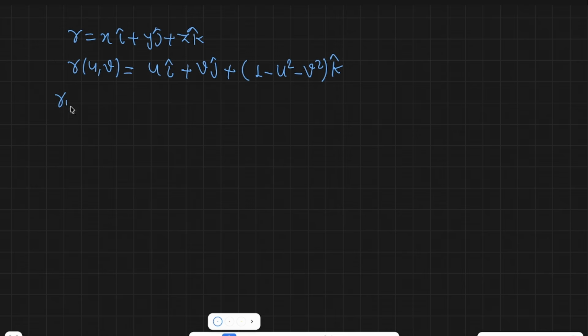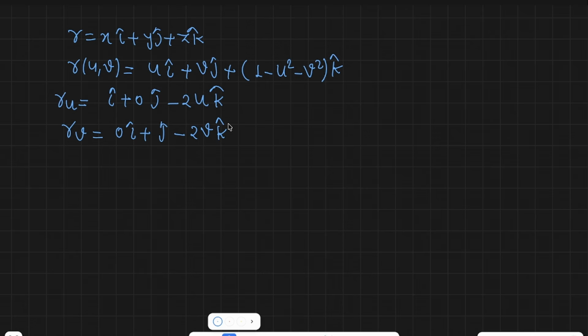Then you put ru. ru means the partial derivative of r with respect to u. So that is going to be 1 i cap, 0 j cap, minus 2u k cap. And similarly rv is nothing but 0 i cap plus 1 j cap, the partial derivative with respect to v is 1, and this is minus 2v k cap.